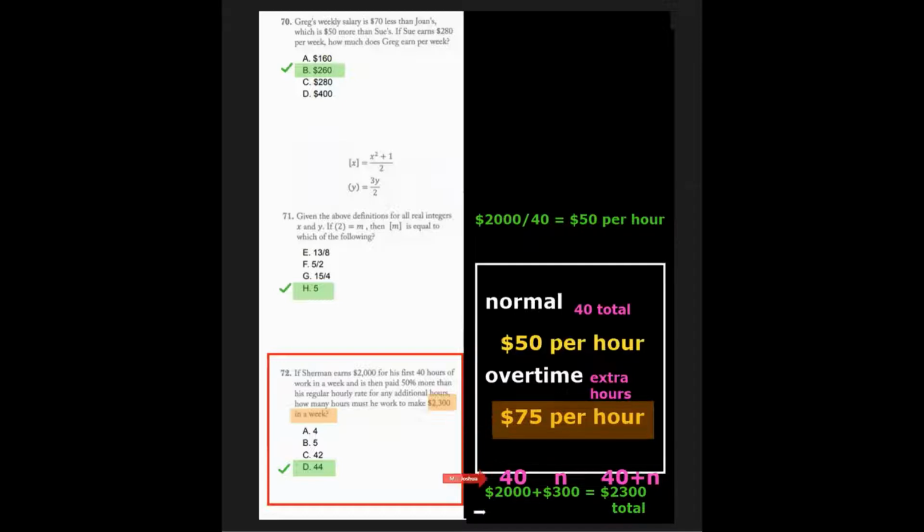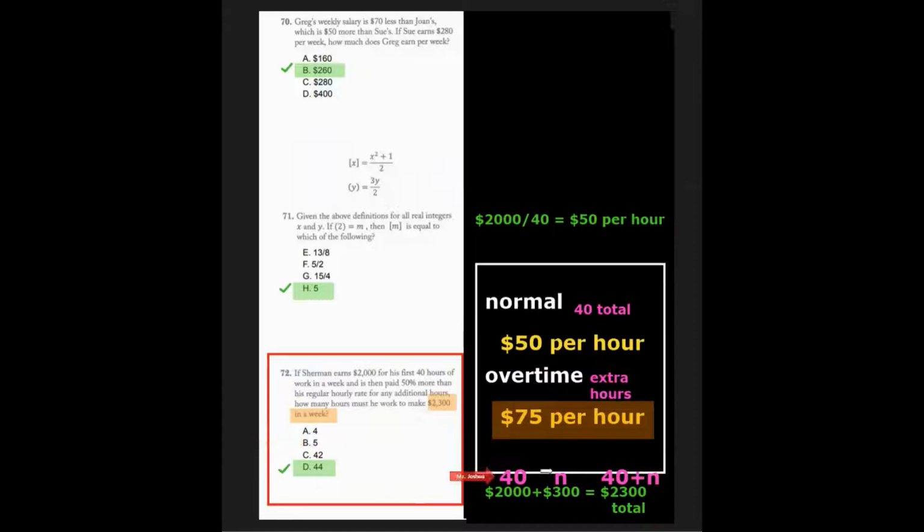Well, we know that for the first 40 hours, if he worked all 40 hours, he would earn 2,000. But he earned 2,300, so he must have done some extra overtime. So certainly we can eliminate A and B. We're finding total hours.